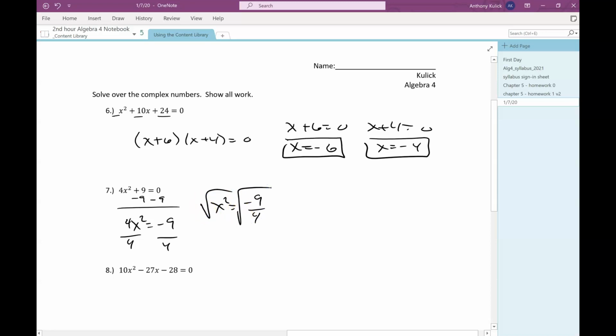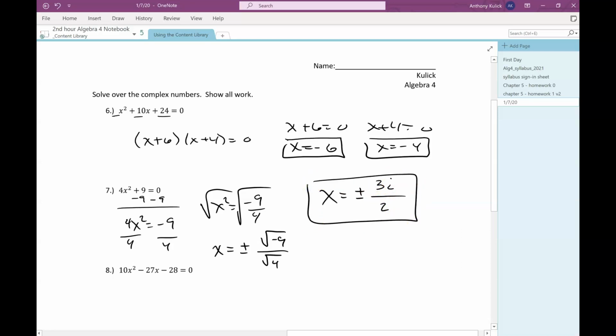Remember, when we square root both sides of an equation, that creates a plus or minus. And when we square root a fraction, we just take the square root of the top and the square root of the bottom separately. The square root of a negative creates an i, so the square root of negative 9 is just the square root of 9 with an i after it. And the square root of 4 is just 2. So there's my answer there.